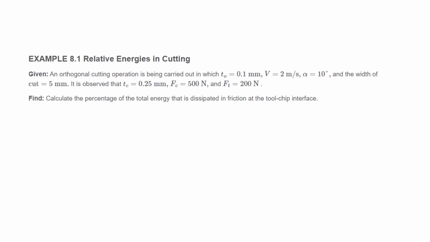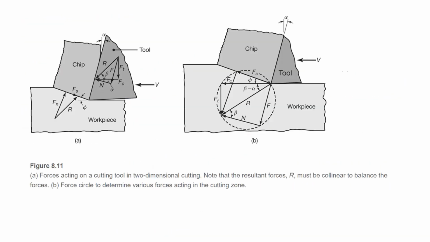Okay. Based on this diagram, I also know that F, the friction force along the rake face, equals my resultant force R multiplied by sin beta. So F equals R multiplied by sin beta.